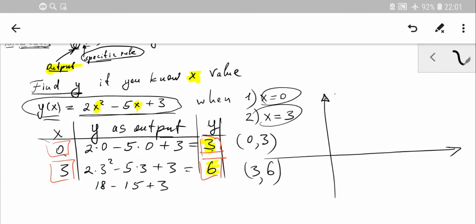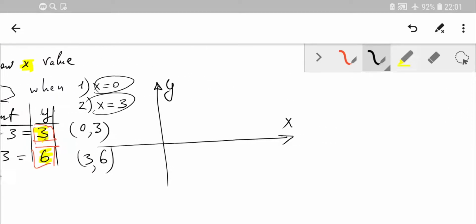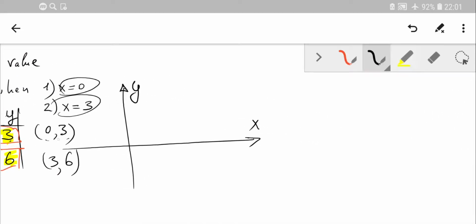All right, because to visualize, we just need to drop those points on the xy plane, and that's what I'm gonna show you right now. So we got 0, 3, we got 3, 6. So 0, 3, let's say somewhere here. That's your first point, and 3 and 6, that's your second point.